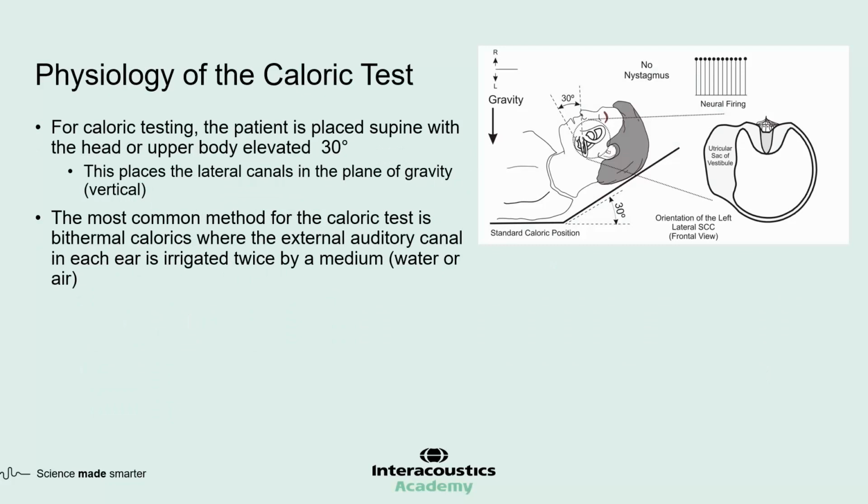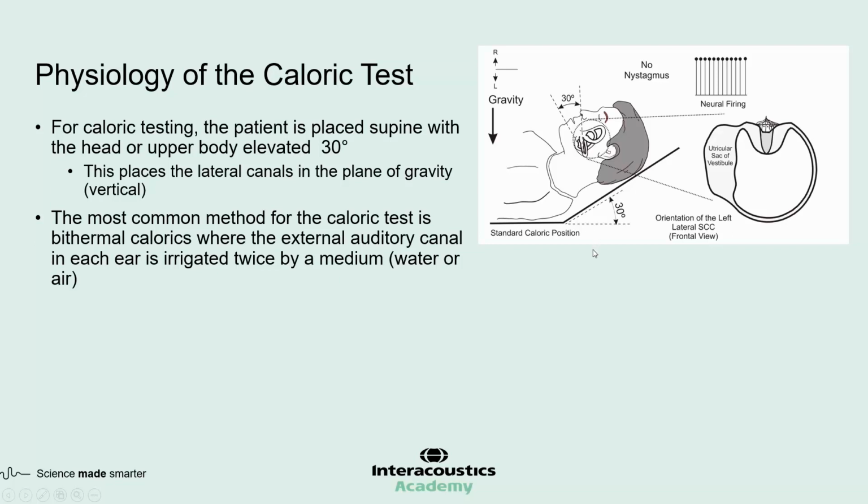Let's review physiology of the caloric test. For caloric testing, the patient should be placed in a supine position with the head or the upper body elevated 30 degrees as you see in this figure. This head position will place the lateral semicircular canals in the plane of gravity as is shown in this figure.